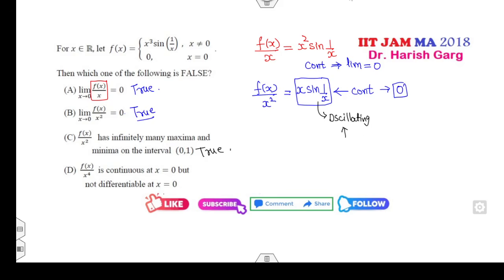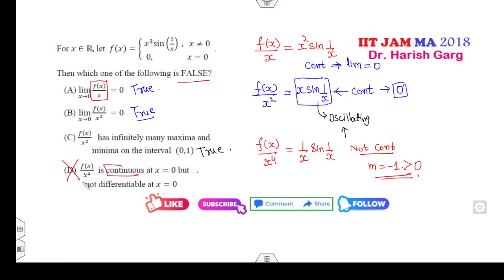Only the fourth option is left. f(x) divided by x⁴ is 1/x² sin(1/x). Clearly it is not continuous, because your m is minus 1, which is not greater than 0. So that statement is wrong. Which of the following statements is true? D is the right answer of the problem.